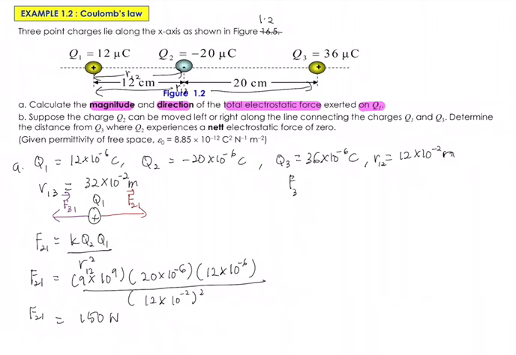How about F31? F31 is k Q3 Q1 over R13 squared.